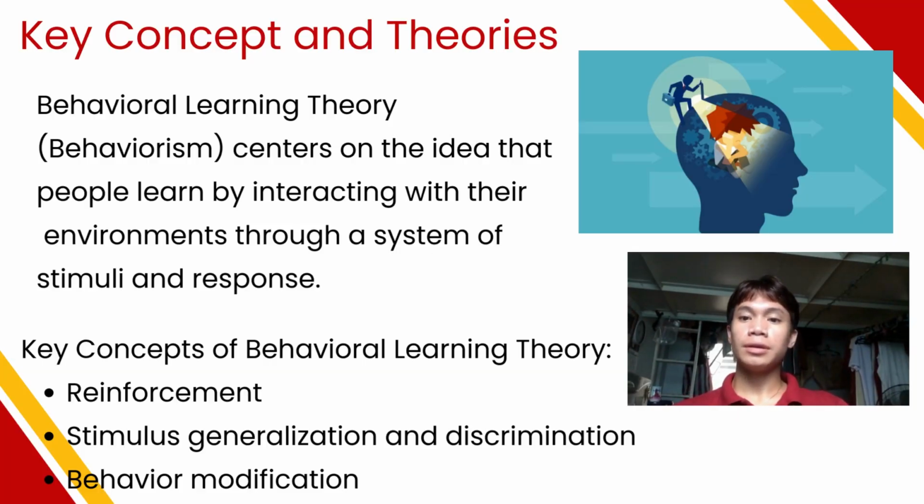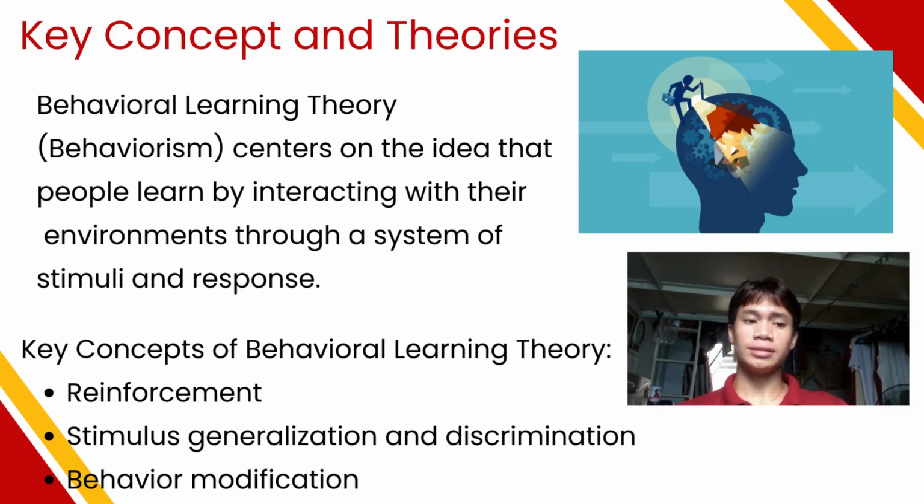Here are the key concepts of behavioral learning theory. First, we have reinforcement. Reinforcement involves strengthening a behavior through reward, positive reinforcement, or removing negative stimuli. Stimulus generalization and discrimination.